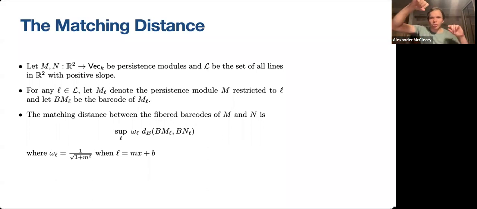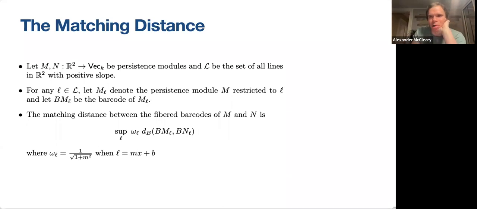So basically we have these two multi-parameter persistence modules. Now we're slicing both of them along the same line, and we're looking at the bottleneck distance between those two barcodes, right? We're trying to match up bars. And so that'll give us some number. And now we're going to maximize over all possible lines L.